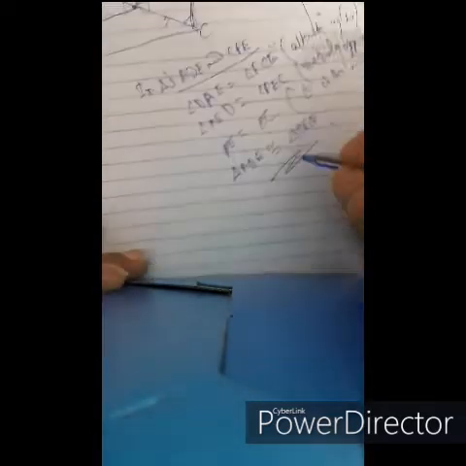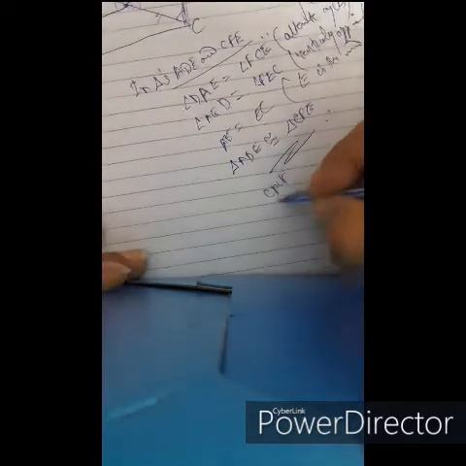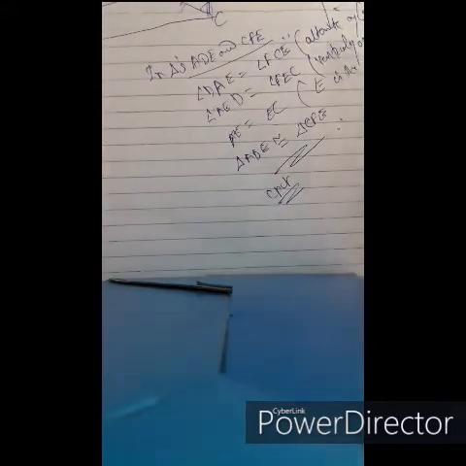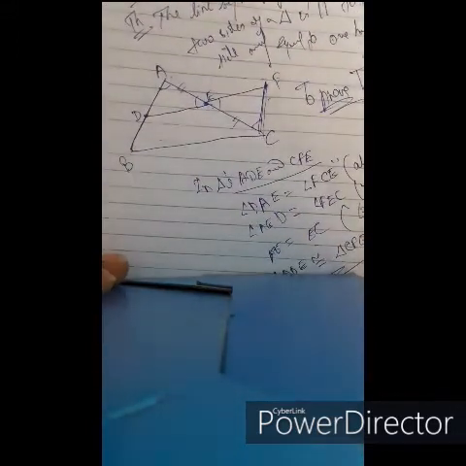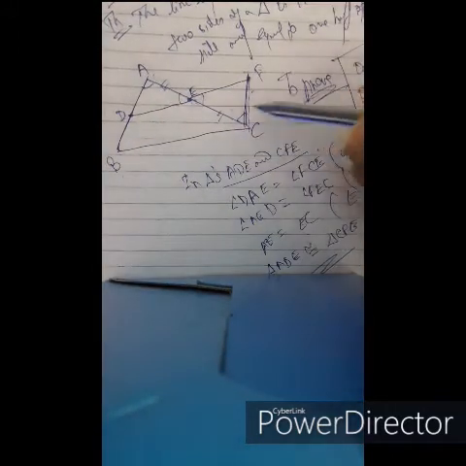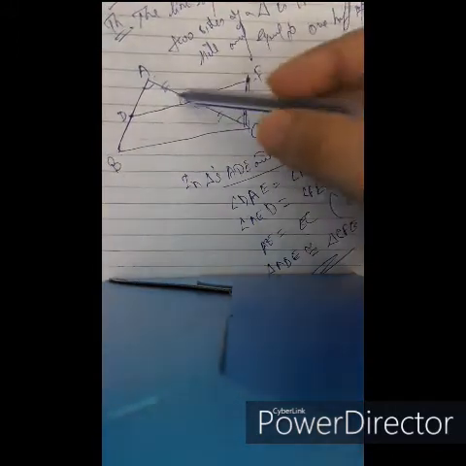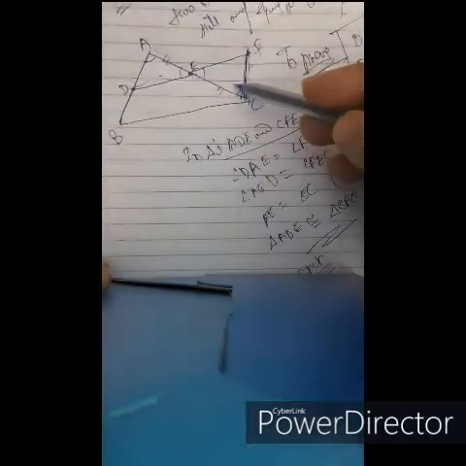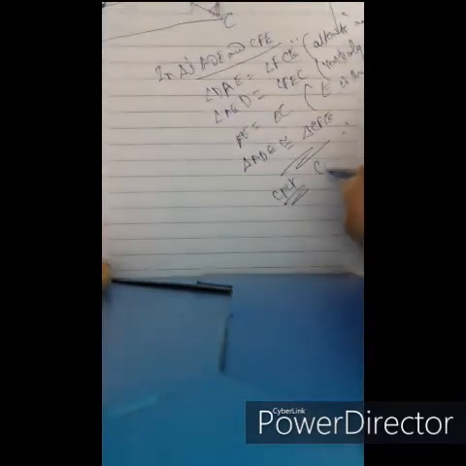Now CPCT, corresponding parts of congruent triangles. We'll take CF equals AD. We'll take these two sides as equal. After proving these two triangles are congruent, CF equals AD.